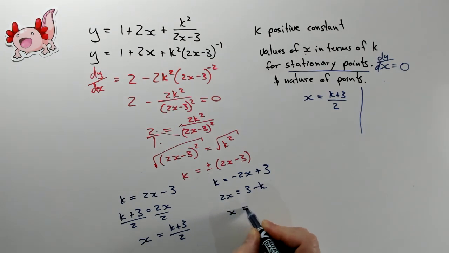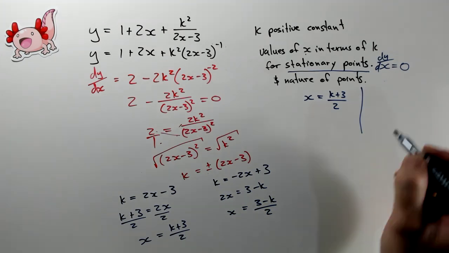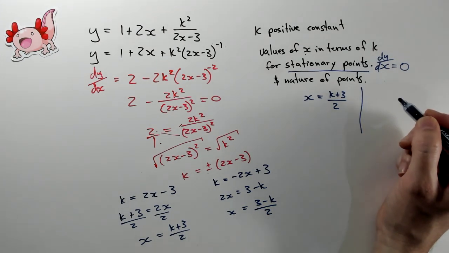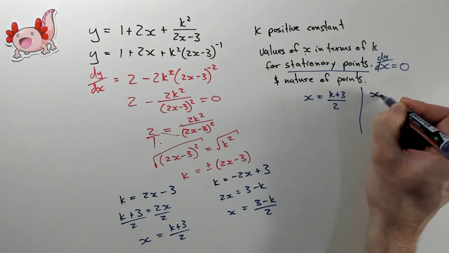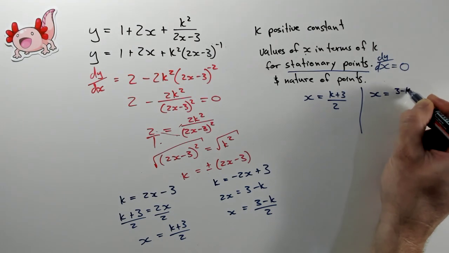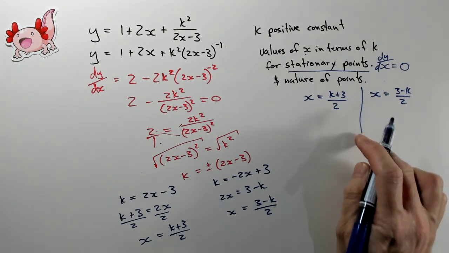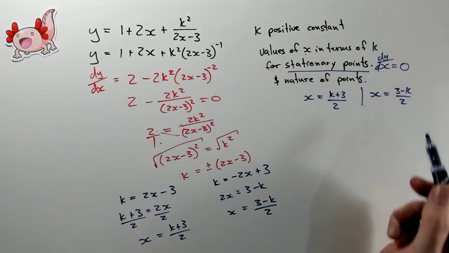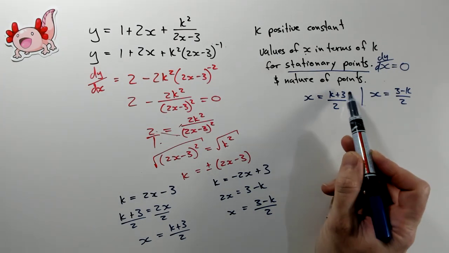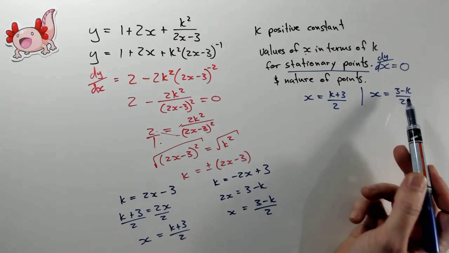And then x is 3 minus k all divided by 2. That looks correct. And I'm just going to write it here. So 3 minus k over 2. Okay, so now I have my two x values, the x values that are stationary points.